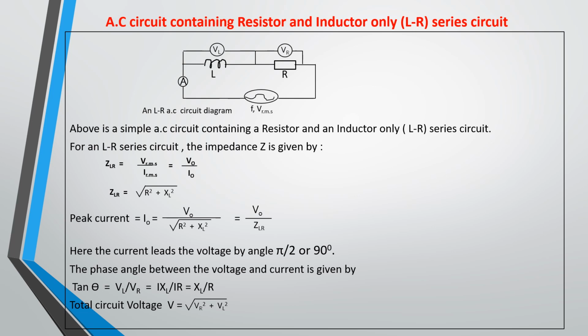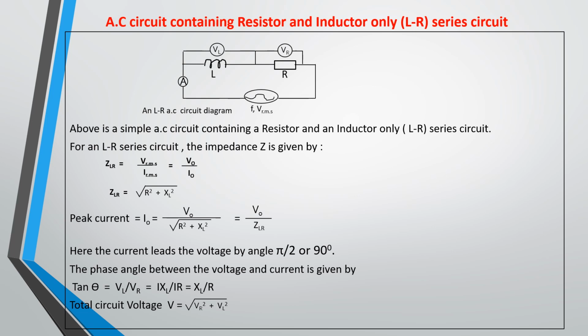Such a circuit is also known as the LR series circuit. The L stands for inductor, while the R stands for resistor. So this type of circuit contains a resistor and an inductor only, and they are in series.